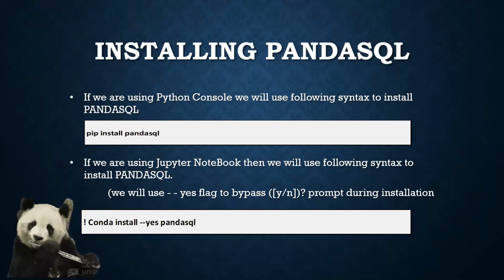And if we are using Jupyter Notebook, then we will use the syntax !conda install --yes Panda SQL. The --yes flag is used to bypass the yes and no prompt which usually appears during the installation of programs.